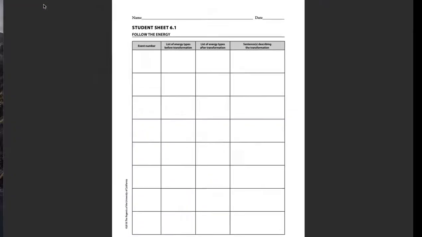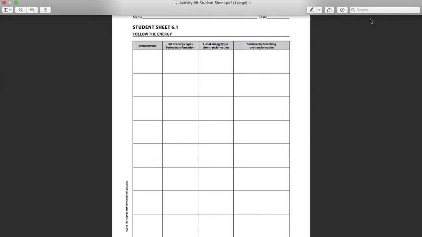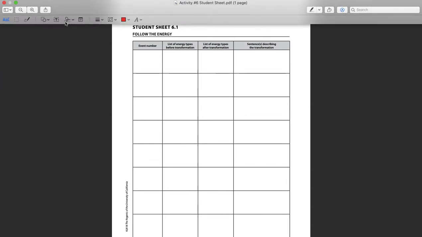All right, so we did the first one together. So again, that was energy event number 1. Types of energy before the transformation. Remember, that's where we had the solar powered calculator, so it would be light from the sun.